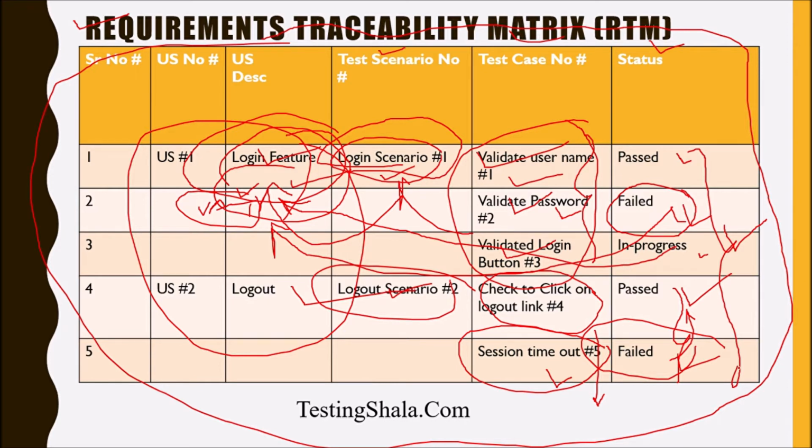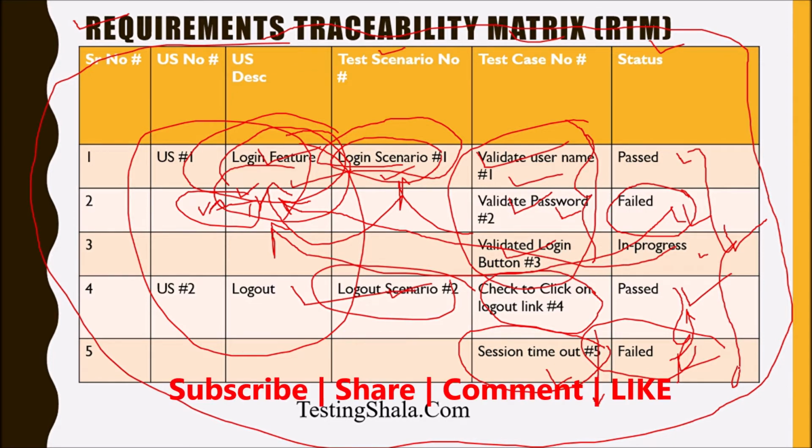Until that time, we will keep revisiting this requirement traceability matrix just to ensure that everything is on track, everything is going as planned. Everything can be easily measured in this requirement traceability matrix, which would give a complete indication to the leadership team of where we are really moving in terms of quality.